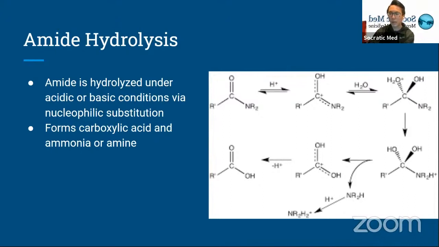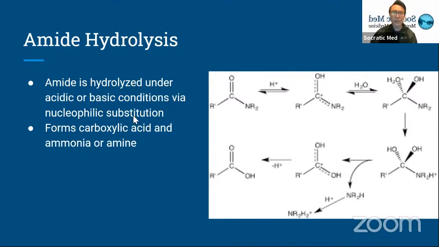As a result, it protonates the amine or ammonia group and makes it a good leaving group. So one of the OH groups can resonate down to form a double bond in order to kick off that ammonia or amine group. So this reforms the carbonyl and it kicks off the amine or ammonia group.